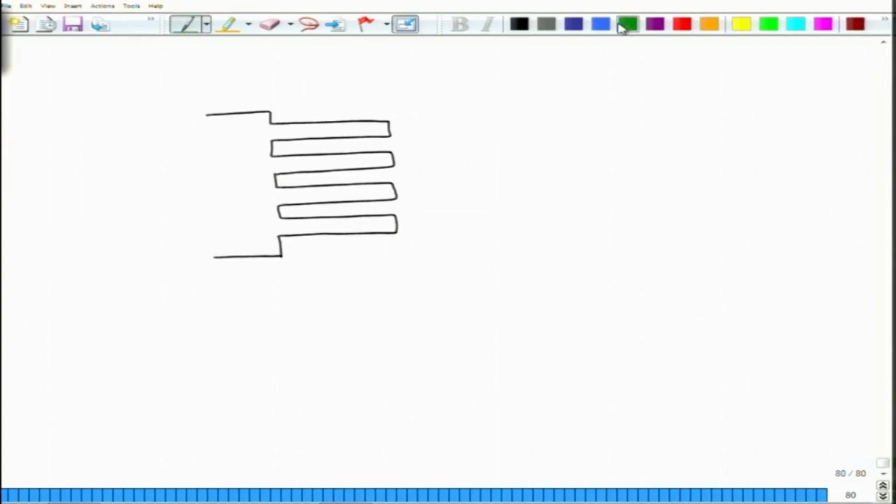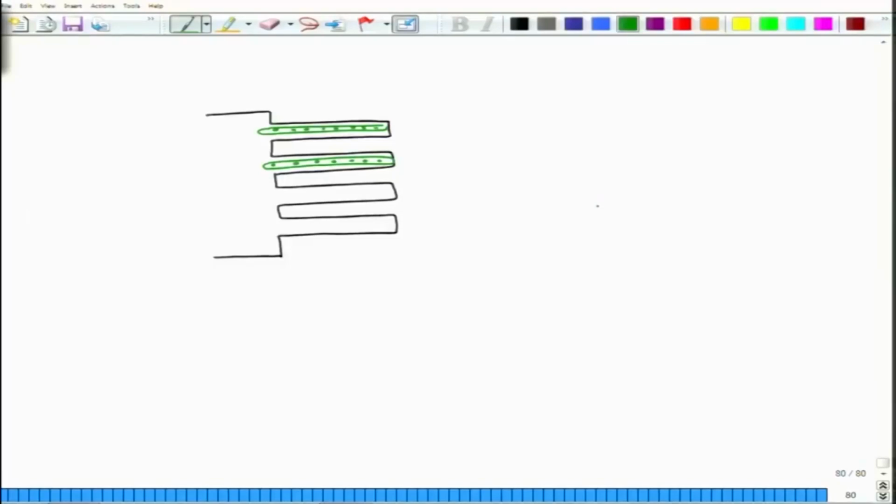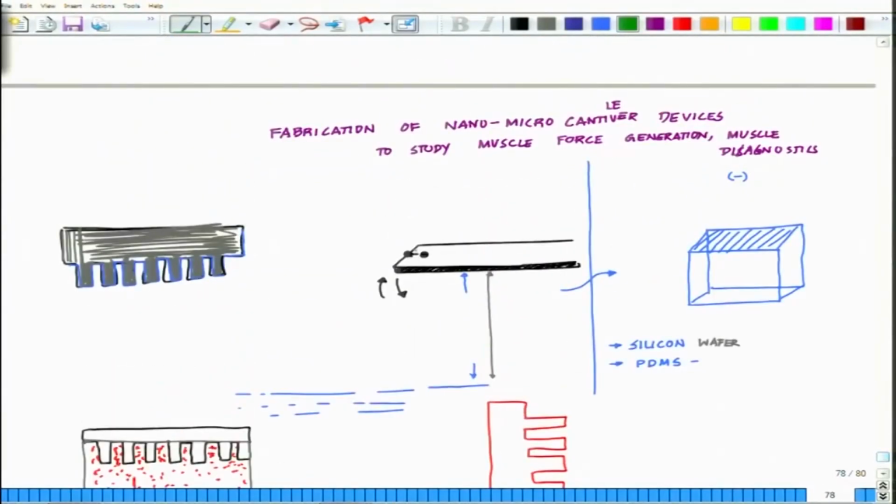So once the myotube grows on top of it like this, so for example, you have the myotubes going like this, these myotubes will start generating force. They will be contracting either in the presence of some drug or something, or all by themselves at times. Once these myotubes contract, exactly the same situation as I told you, if this is a myotube sitting on top of it, this cantilever is going to vibrate at a certain frequency.